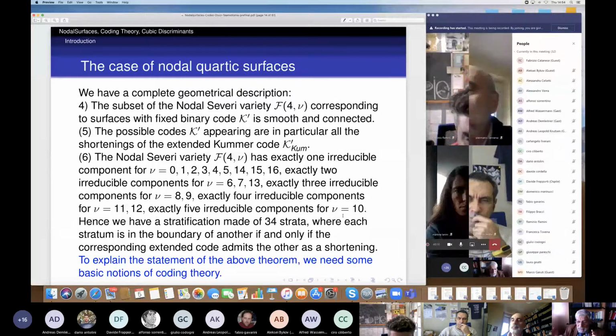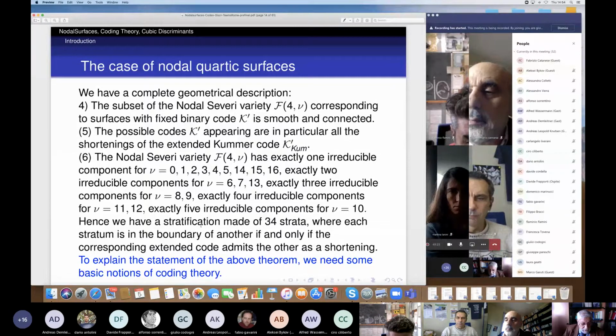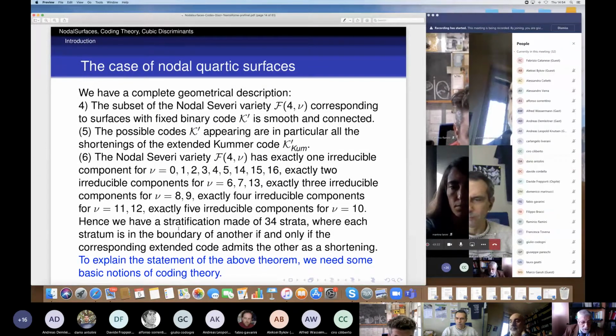So, like in the picture I showed, we have a stratification of this open set of the quartics made of 34 strata, and we can also describe this stratification, because every stratum is in the boundary of another if and only if the corresponding extended code K prime admits the other as a shortening.